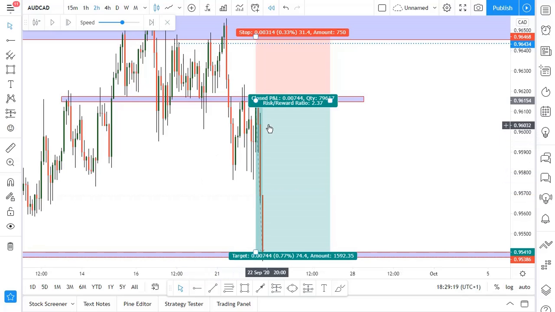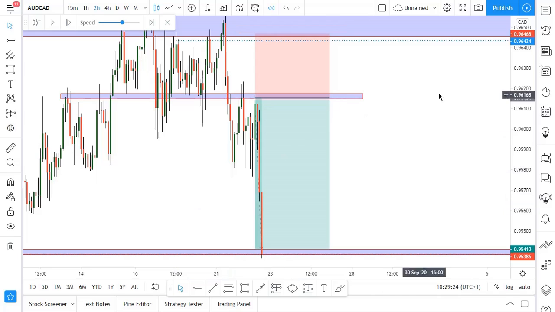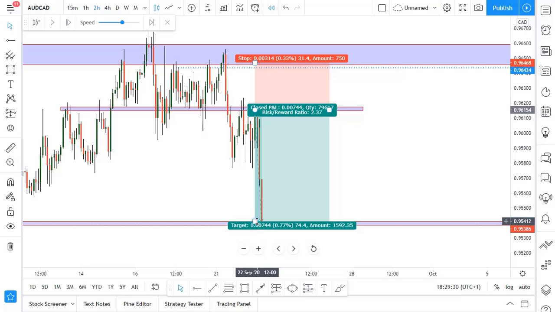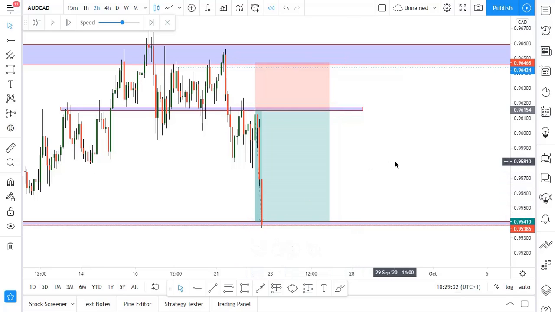As you can see, we had multiple tests of this structure, and we were able to bank a nice risk to reward of 1 to 2.3 with about 74 pips for the week on AUD/CAD. Now, this is just one pair of several we took this week that were actually profitable, just following simple market structure.